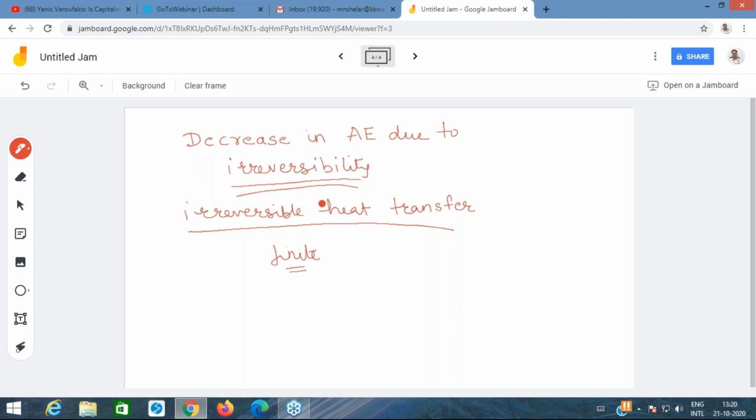Now we would be discussing what is so wrong about irreversible heat transfer. Let us talk about two cases for you to appreciate, and I will be asking you a question. Suppose, take these two cases.